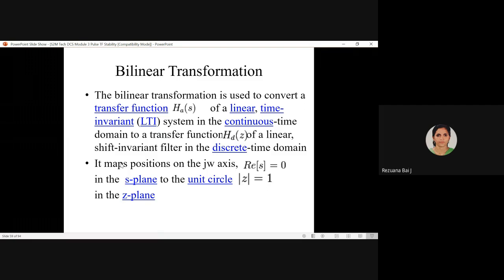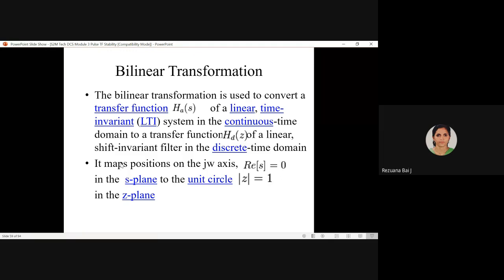The natural log is an infinite series. You know it's a power series expansion. We cannot do the power series expansion for all the roots. That is why we are going for a bilinear transformation. The bilinear transformation is used to convert a transfer function H(s) of a linear time invariant system in the continuous time domain to a transfer function H(z).